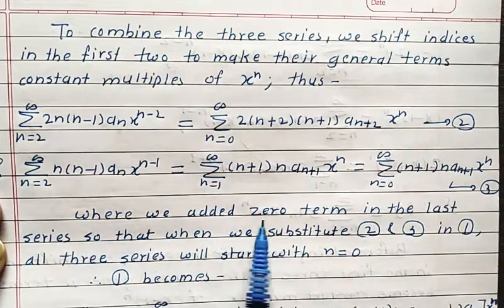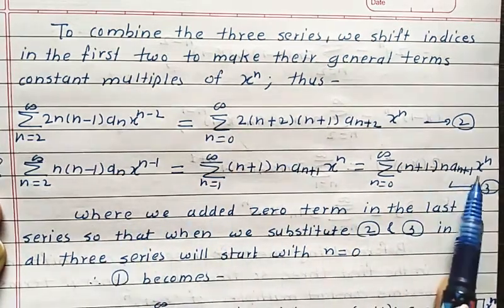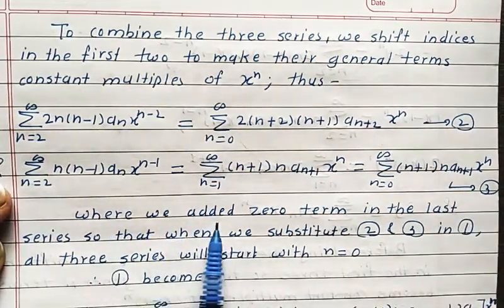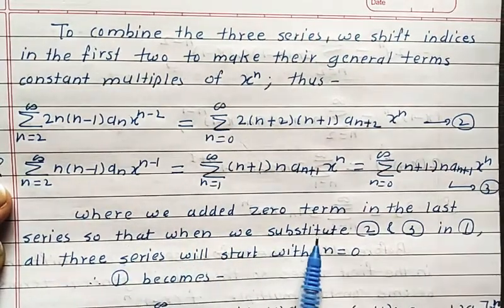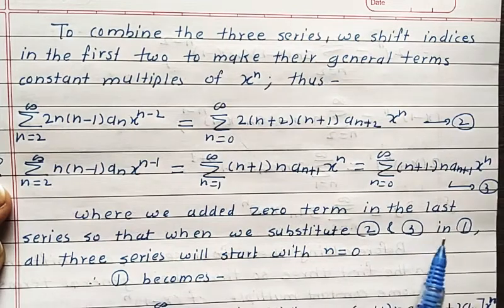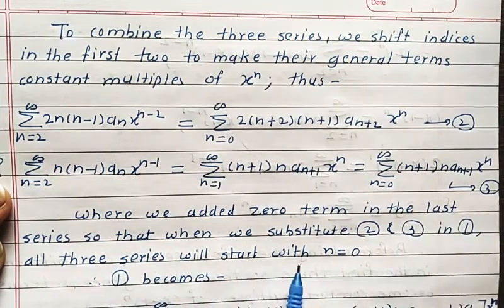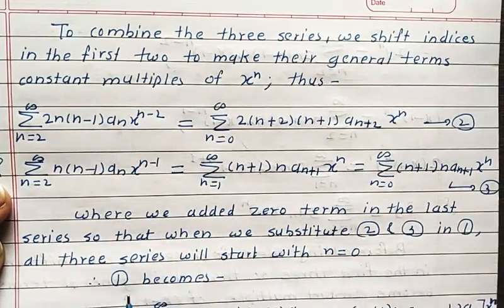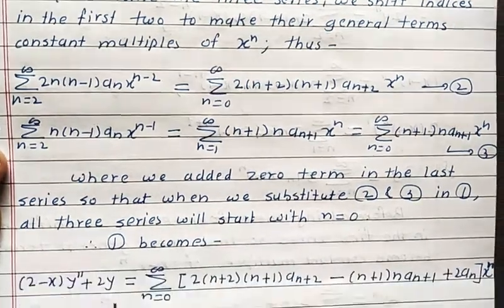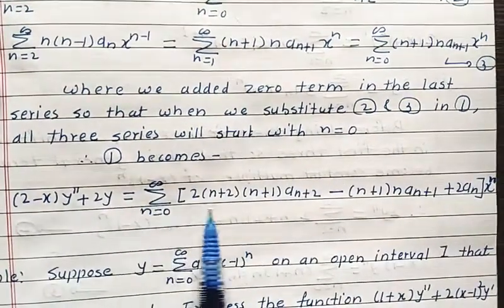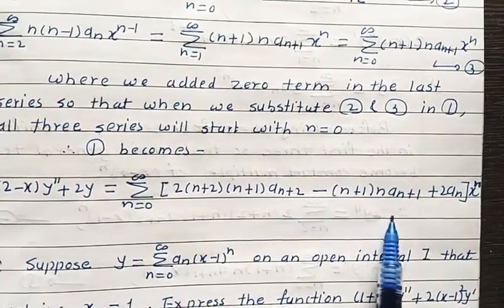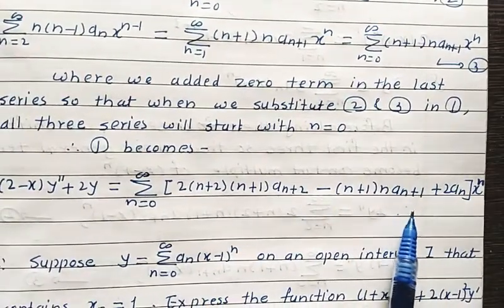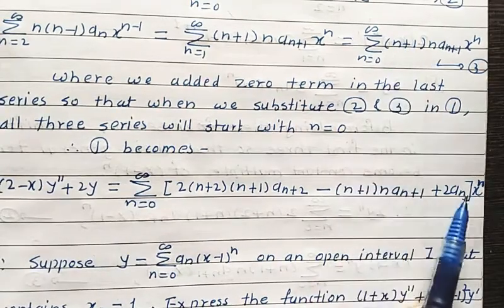Here in equation 3 we added the 0 term in the last series, so that when we substitute 2 and 3 in 1, all three series start with n equal to 0. Therefore equation 1 becomes: in the last step we added all of these three series, substituting these values, and we took x raised to n common.